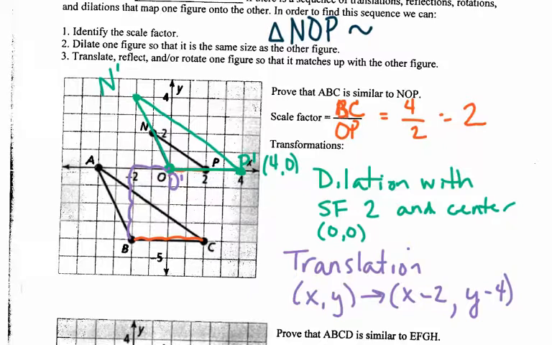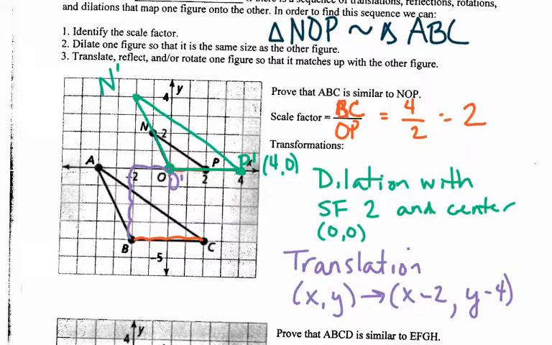It does not have the equal sign underneath it. If it did, it would be congruent. So squiggle, or a tilde, is similar to in math. So triangle NOP is similar to triangle ABC. And I have proven that by using a dilation and translation to map NOP onto ABC.